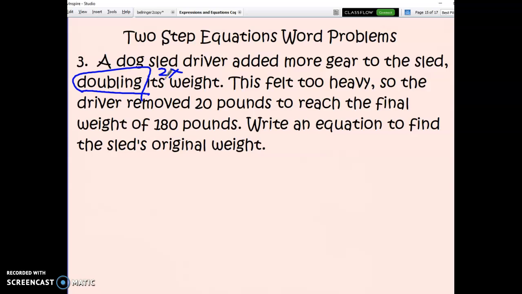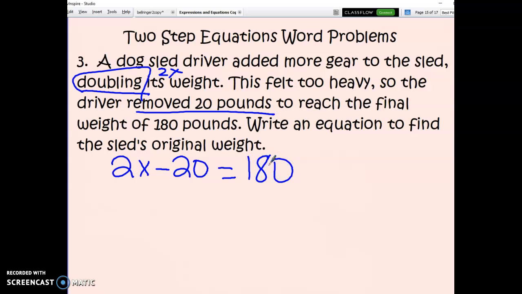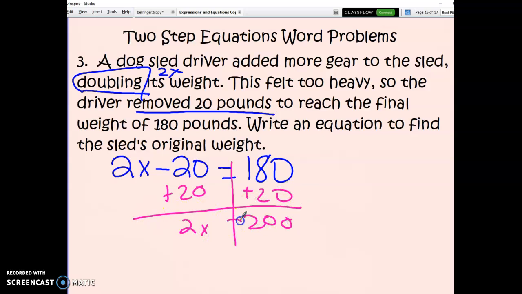So we're doubling its weight, multiplying by 2, but then he's removing 20 pounds, and the final weight is 180. Then we can solve it by adding 20 to both sides. 2x equals 200, divide by 2, x is 100.